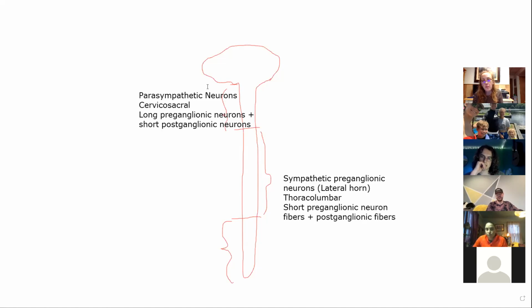So parasympathetic nervous system is going to come off the ends of the spinal cord. It's going to come off the brainstem and the cervical plexus and the sacral region. It's going to have long preganglionic neurons and short postganglionic neurons.